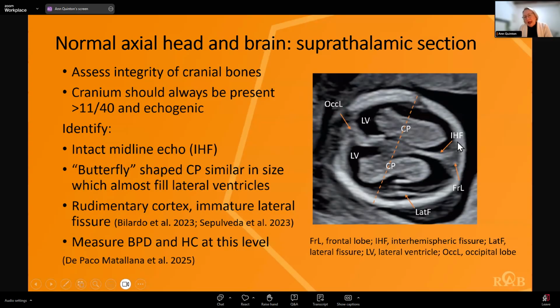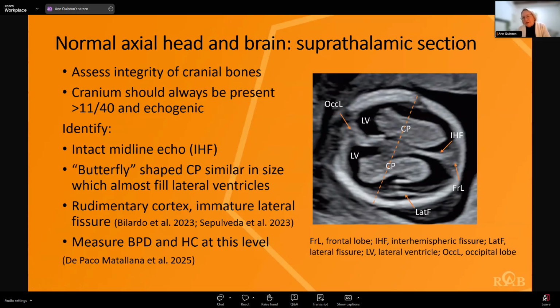And then anteriorly here, we can see part of the very rudimentary frontal lobe of the cortex of the brain starting to develop. And posteriorly, we can just see a little bit of the occipital lobe of the cortex as well. We can see two choroid plexus, and they should be butterfly shaped.